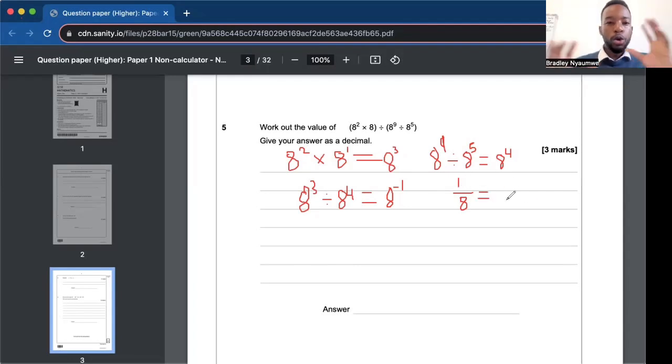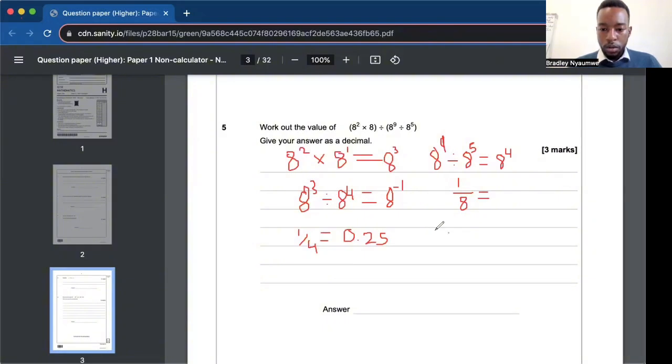But for those of you who don't know the decimal for 1/8, one thing you can do is, first of all, get the decimal for 1/4, which is 0.25. That should be pretty well known. And then you simply divide that by 2.